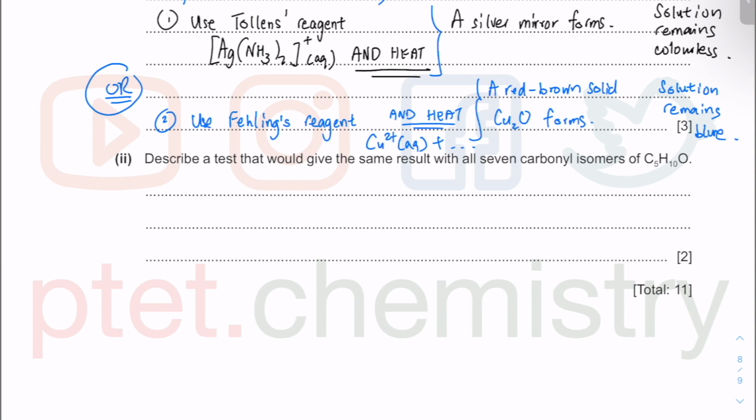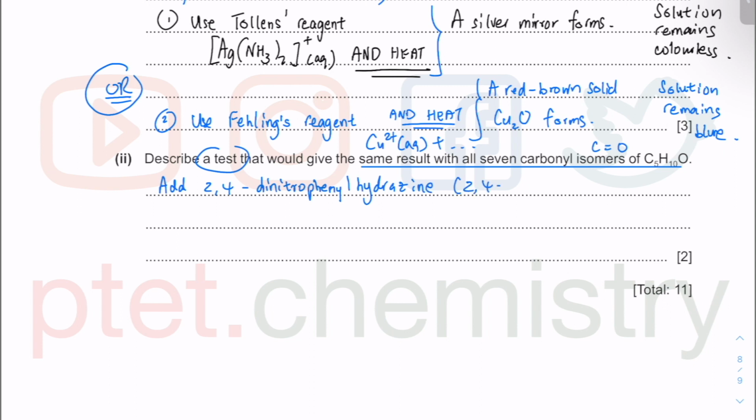Anyway, remember what I said earlier about the 2,4-DNPH? Now a test that will give the same result with all of them. So basically they have ketones or aldehyde. They have the CO carbonyl group. So add 2,4-dinitrophenylhydrazine. So just to remind yourself, what does it look like?